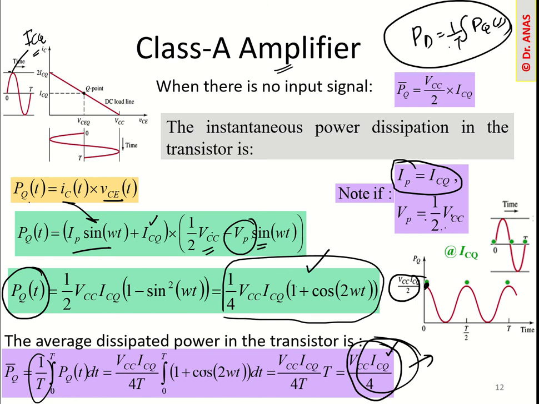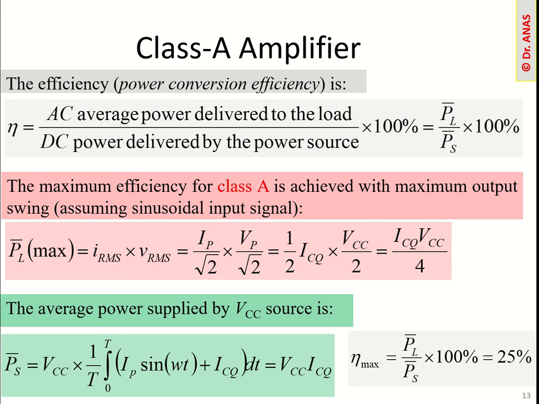Now if you want to calculate the efficiency, efficiency is the load power divided by the source power. And the load power here will be equal to half of Vp times Ip. Or if we talk about RMS, Ip over radical 2, Vp over radical 2. If we just multiply them, Vp times Ip divided by 2.